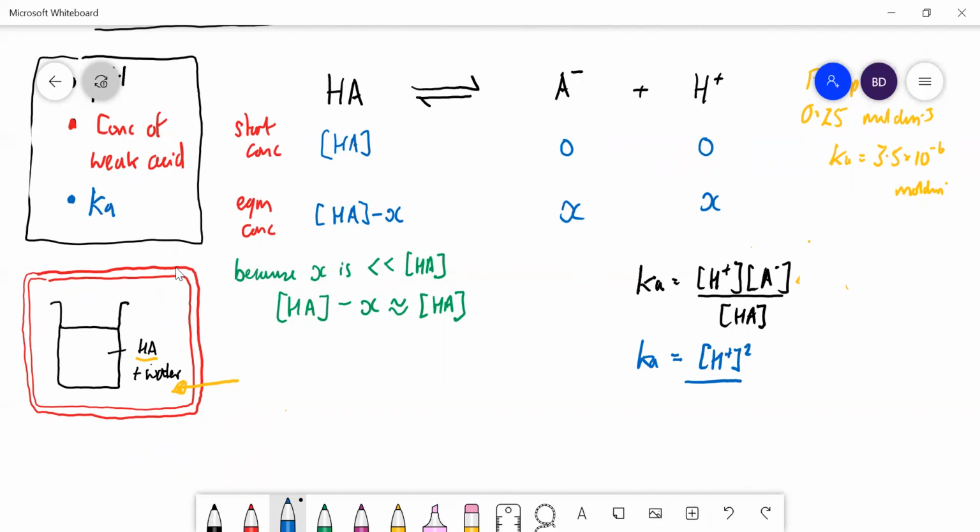Now, strictly speaking, it's HA minus X, but remember this little approximation here. Because X is such a tiny number, we can forget about that, and so we just have HA, and that saves us having a quadratic equation, which makes the calculation easier. The concentration of HA is 0.25. So let's rearrange that. H plus squared is equal to 0.25 times Ka.